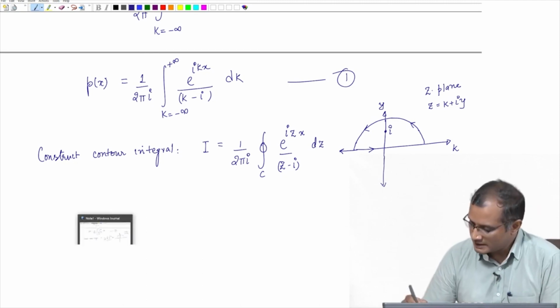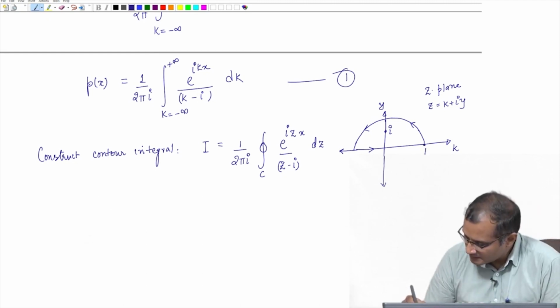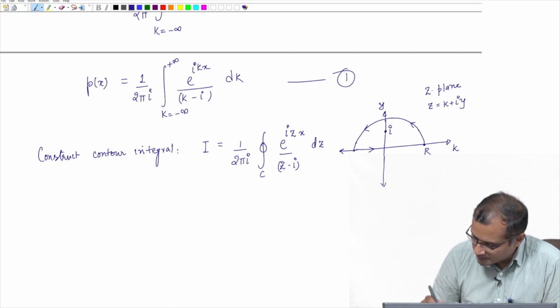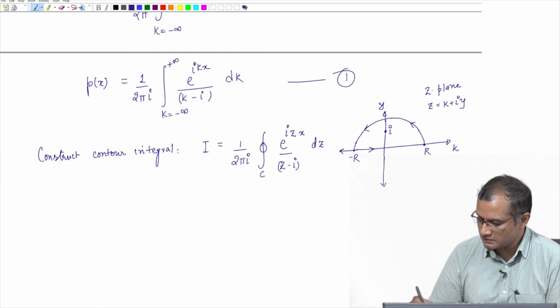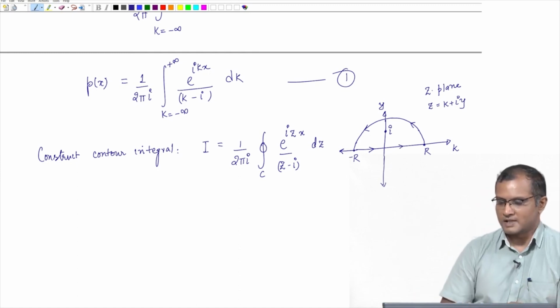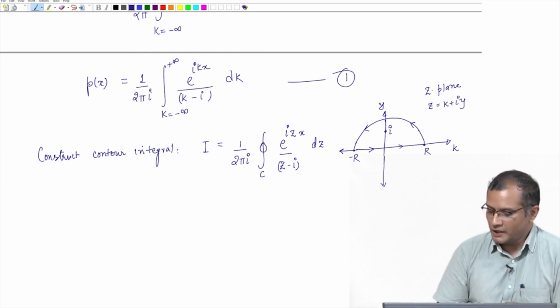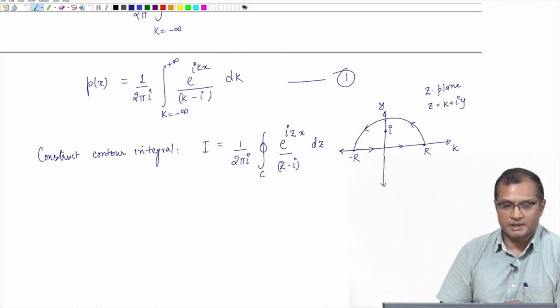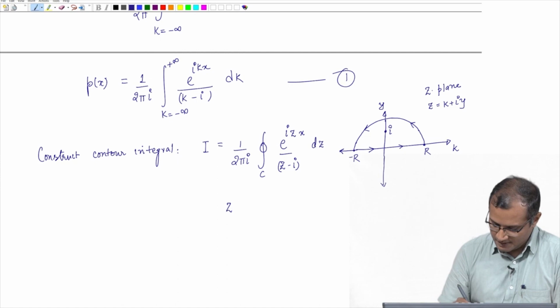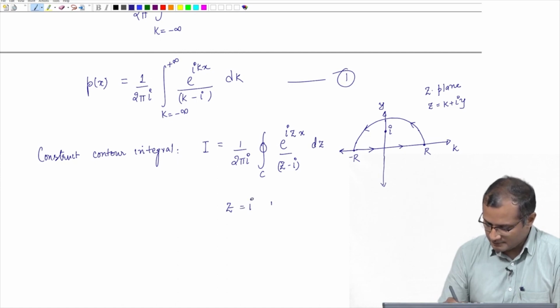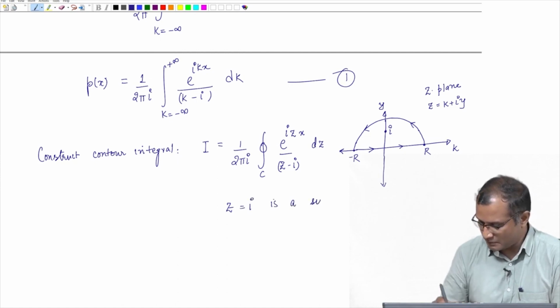Okay. These are the points big R and minus R. So, now my contour is defined. The point where the complex valued function becomes singular is also defined, that is the residue, and z equals i here is a simple pole.